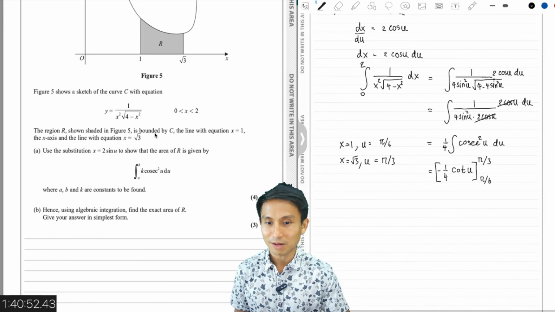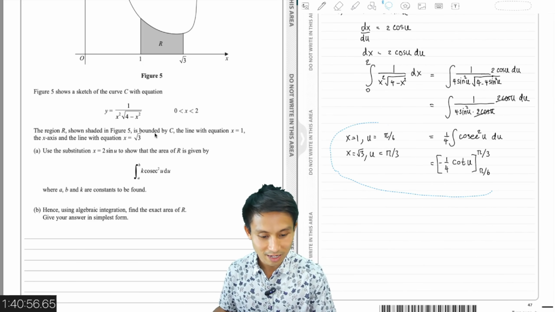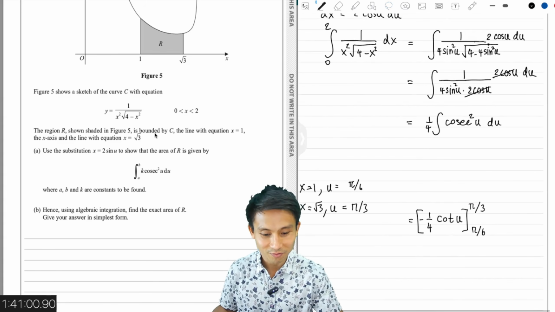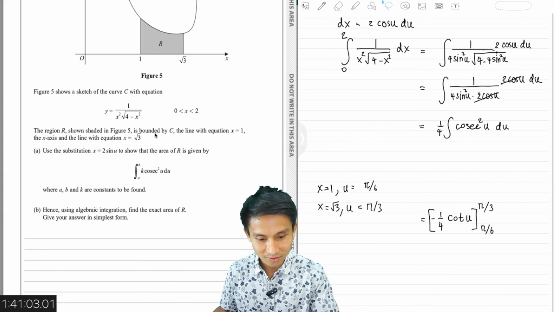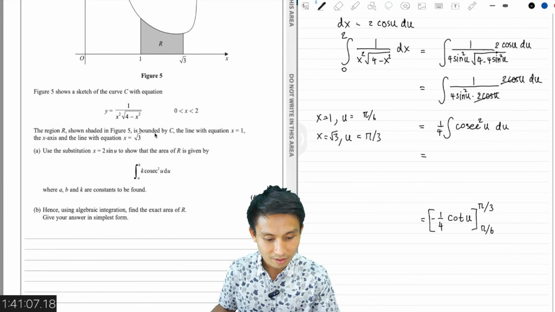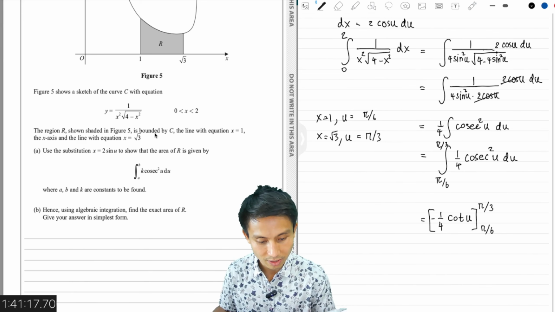Wait, hang on. I'm doing part B already? Sorry. I need to show that that is cosec. I should have seen that they have cosec all along. But anyway, let's keep this up here so that we say this is the integral of 1 over 4 cosec squared u du, from pi over 6 to pi over 3.